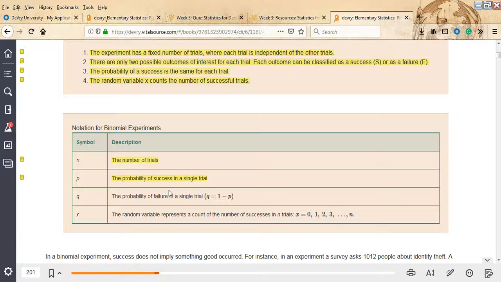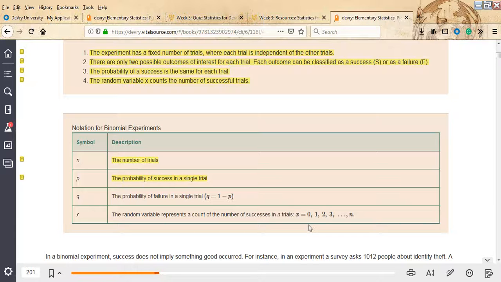And then the one that I think is the most confusing, really, so you kind of really have to focus on this, is the random variable represents a count of the number of successes in trials. And so really what this is, it's the range of potential successful outcomes. And when it's drawn up like this, it makes it potentially a little bit confusing. And so, where the little x, it's always referred to as little x, and when it looks like that, is really, what are the potential outcomes?